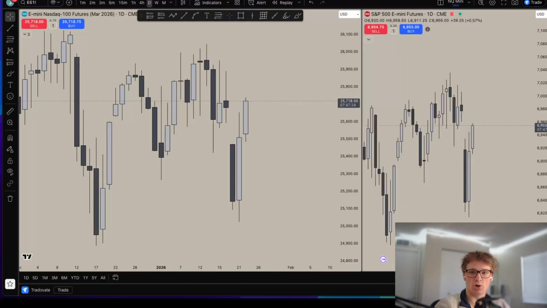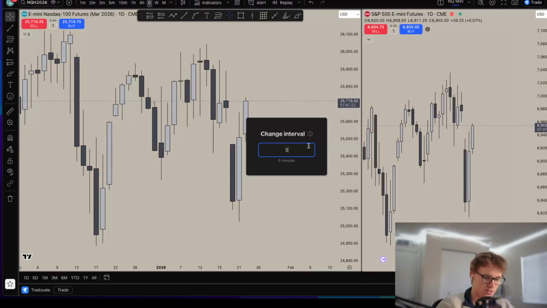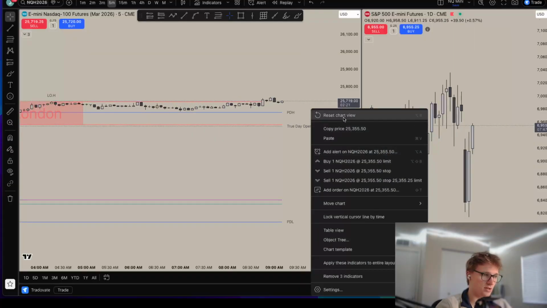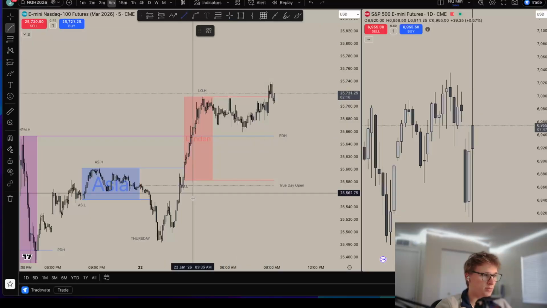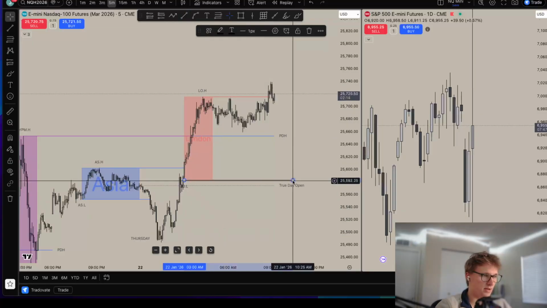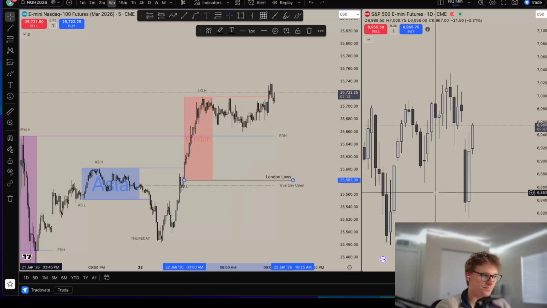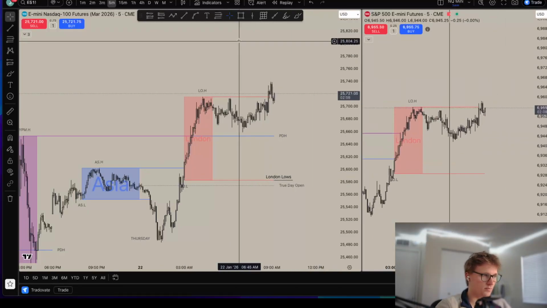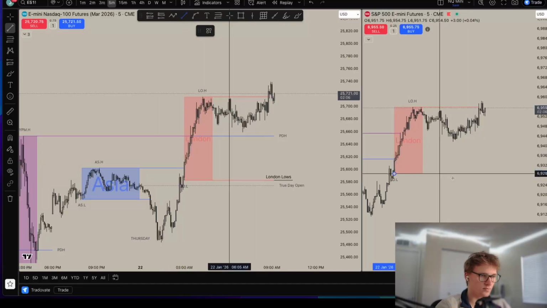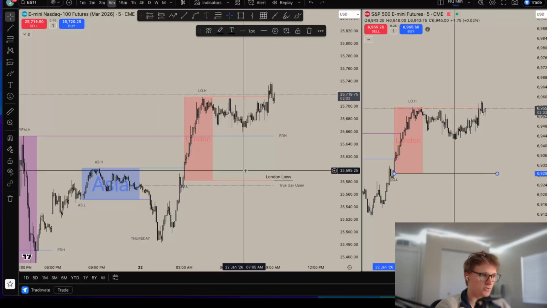So next is marking out session draw and liquidity. An easy way to do this is go to the 5-minute chart. You can have an indicator pulled up for this. It really doesn't matter. And yeah, we have London lows right here. These are going to be our London lows for the day.